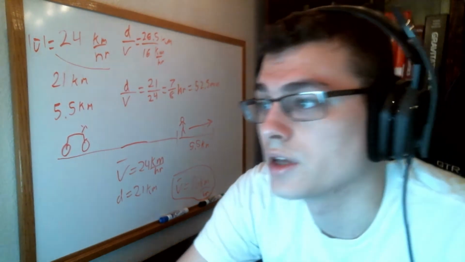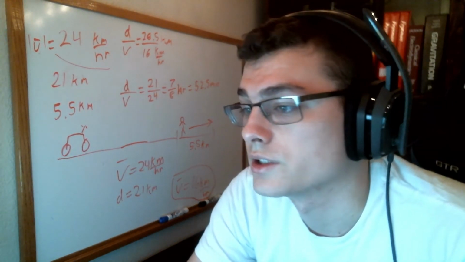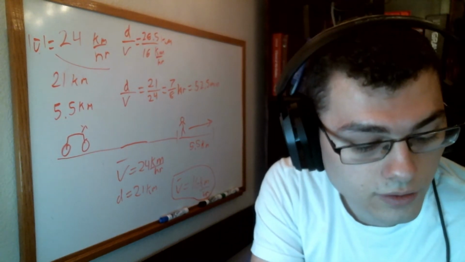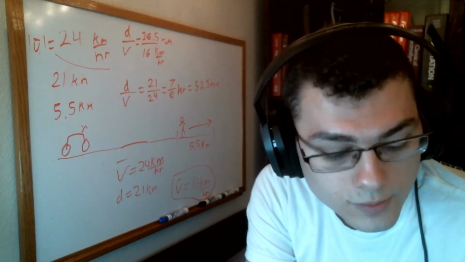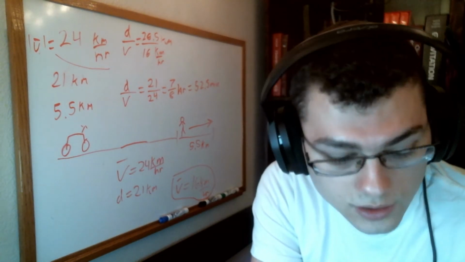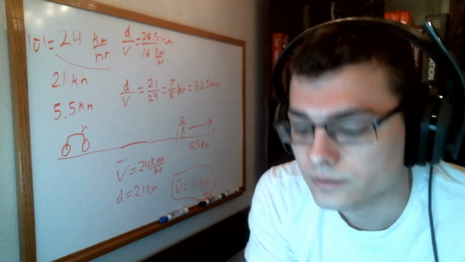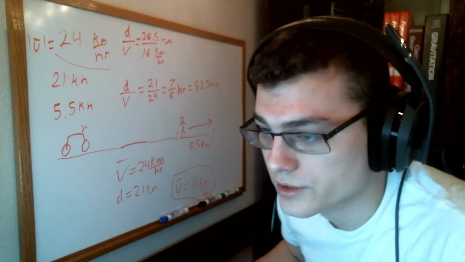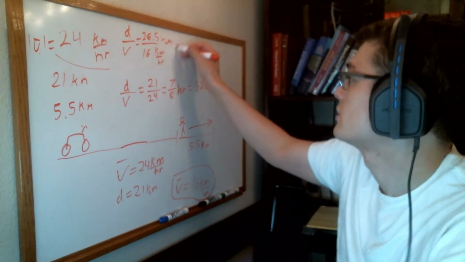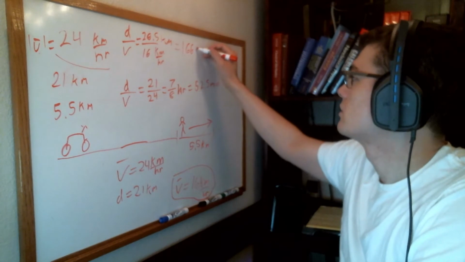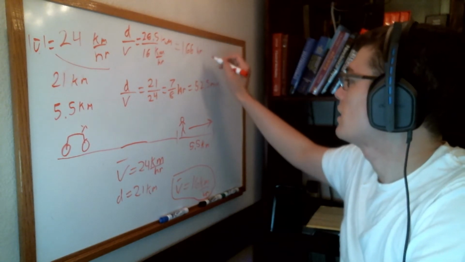From here, we just need to plug these numbers in. So we have 26.5 divided by 16, and that's going to give us 1.656, so let's do 1.66 hours.